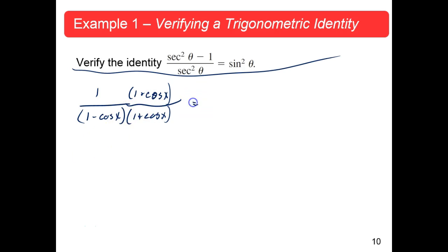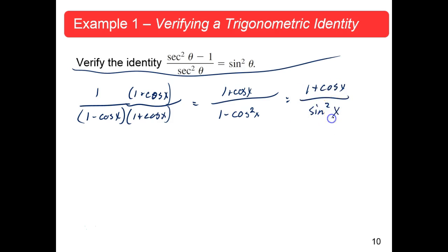In other words, why did you do that? 1 minus cosine squared x. And you've got 1 plus cosine x on the top. But what's 1 minus cosine squared x? That is sine squared x, okay? 1 plus cosine x over sine squared x, right?